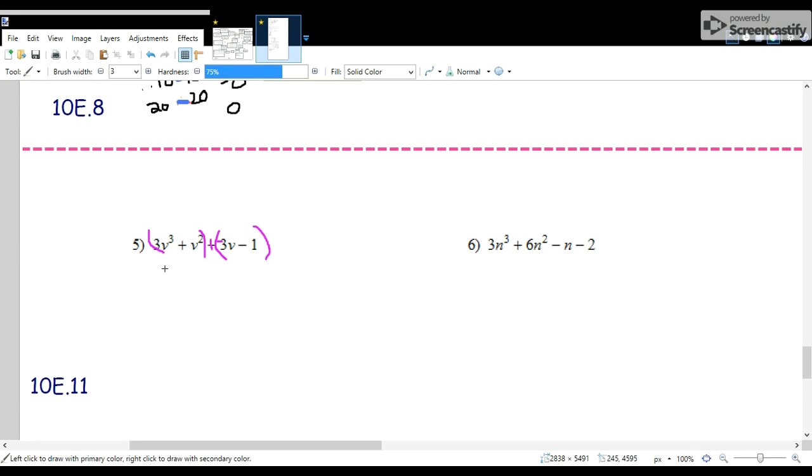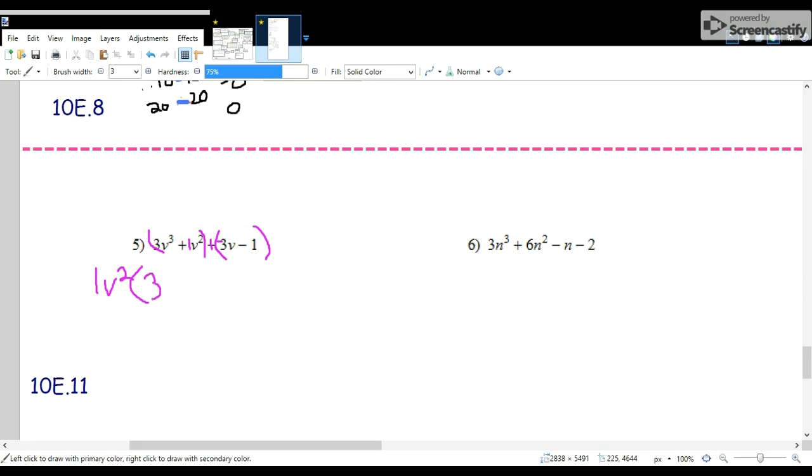Now we're going to factor out the greatest common factor out of these 2 and these 2. The greatest common factor of 3 and 1 is just 1. The greatest common factor of v cubed and v squared is v squared, because the smaller exponent is 2.